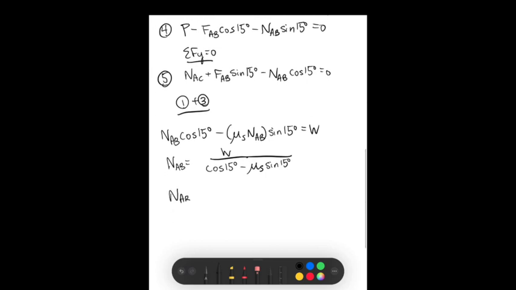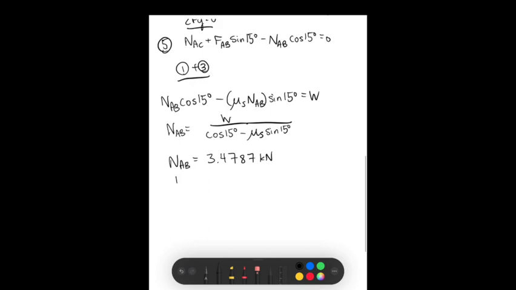So when I put these numbers in, I'm able to solve that normal force between the two wedges would be a little bit more than 3 kilonewtons. I can go back to my first equation and now solve for the friction force between them.